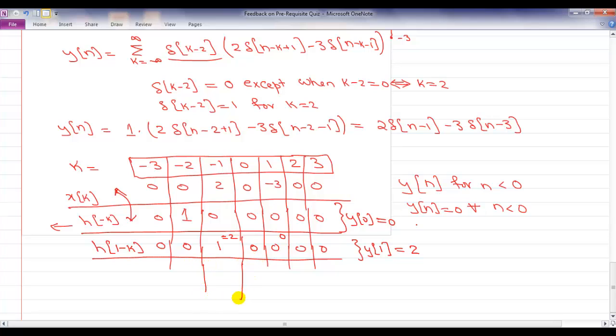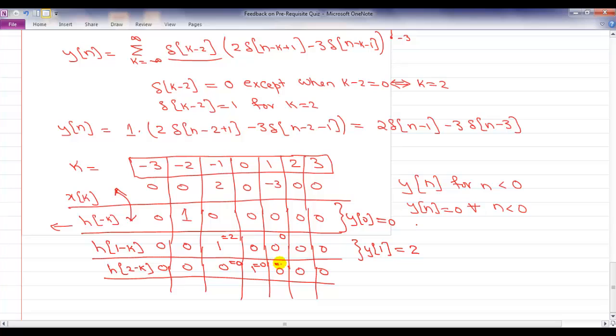I can now slide it further to the right. I can write h of 2 minus k, in which I get 0, 0, 0, and the 1 gets shifted further to the right, 0, 0, 0. Now if I multiply, 2 is getting multiplied by 0, I get 0. 1 is multiplied by 0, I get 0.